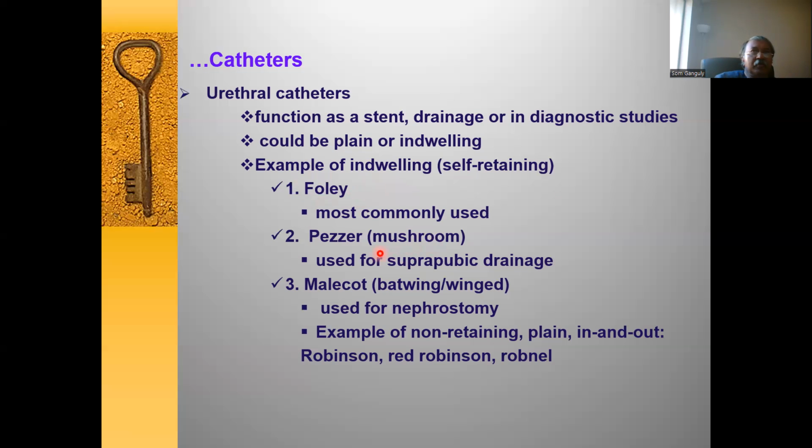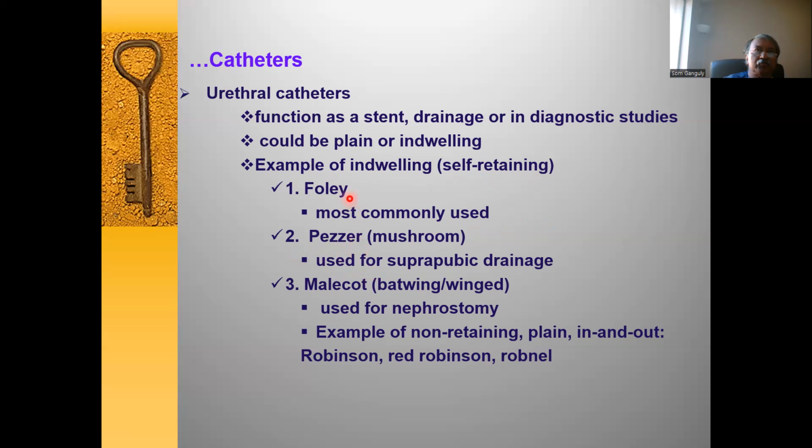Similarly, you have a self-retaining catheter called Pezzer. It looks like a mushroom. So the mushroom end will stay inside the urinary bladder as long as it is deployed. This catheter is known as Pezzer.